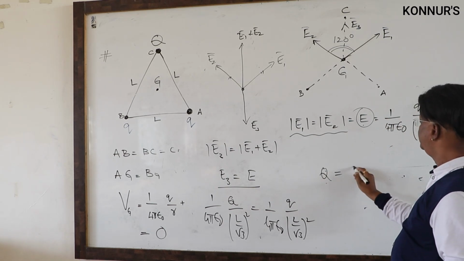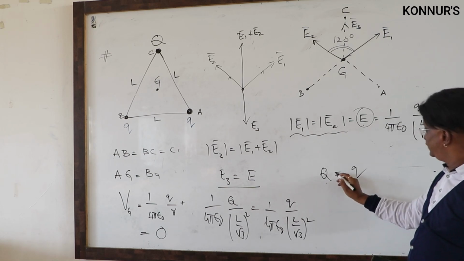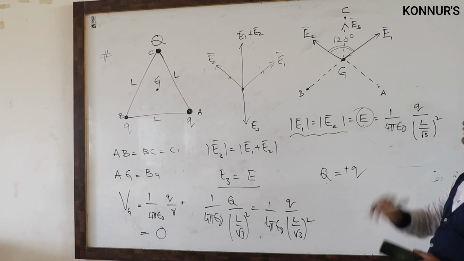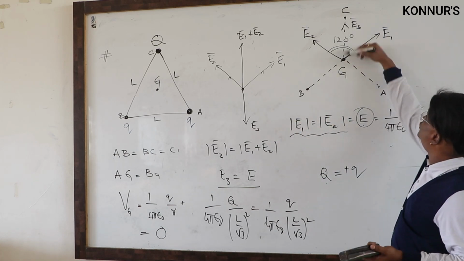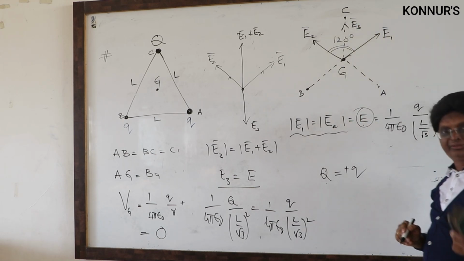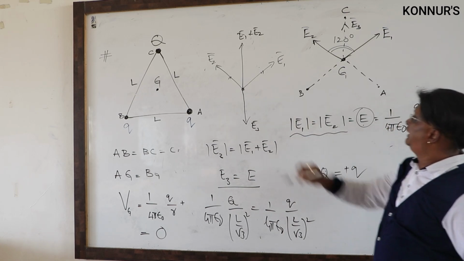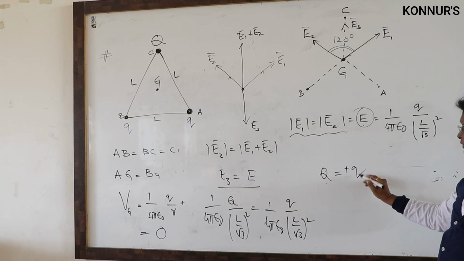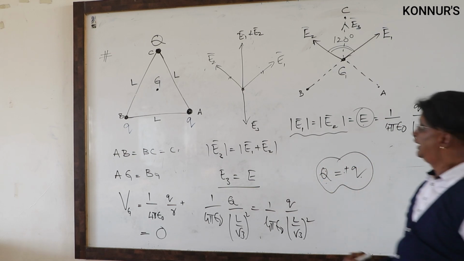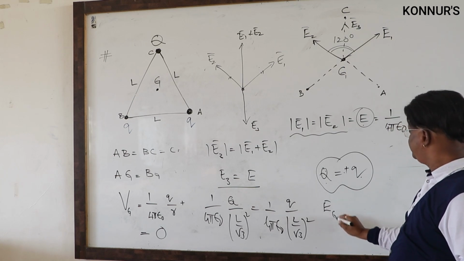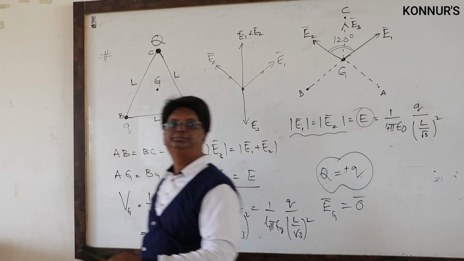What you will find is capital Q is equal to q. But please remember this capital Q is equal to plus q this time. Why? Because here you see this E3 earlier was shown towards C because of the negative sign, towards the charge. But for this vector to be away from C, this should be a positive charge. Capital Q is equal to plus q.